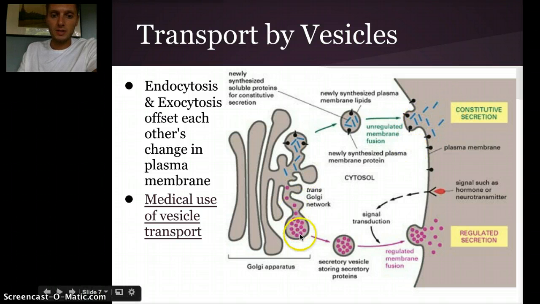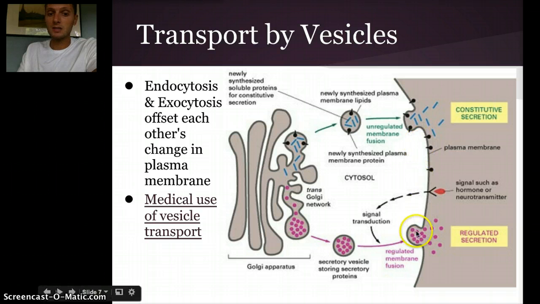Okay. Same situation here. We have some molecules that are being released outside of the cell through some signal transduction. So there's some sort of hormone, neurotransmitter, something is telling a binding site, a hormone binding site, that this needs to occur, and so the Golgi apparatus releases this vesicle that contains these molecules, fuses with the plasma membrane, and releases them outside of the cell.